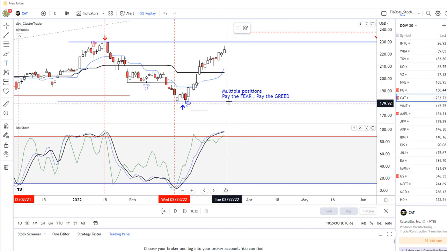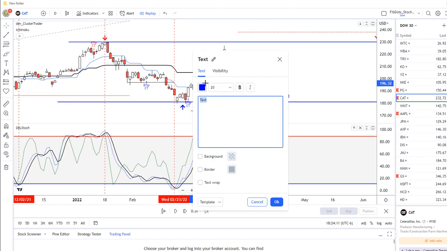Now let's go to what Wells said. The way that we can do this, we're going to pay the fear and pay the greed. So we enter the position right here because we want to follow the rules. We're going to cover part of our position, I call the scalper, right here. And that typically is at 1 to 2R. Okay? So that's 1 to 2 times the risk. So if I risk $10 on the trade, I want to make at least 10 and possibly 20.